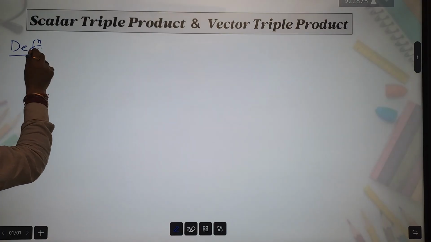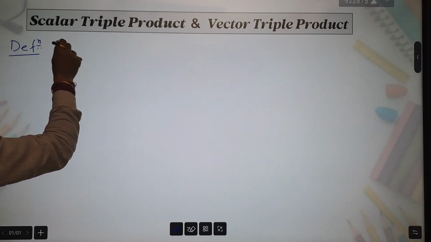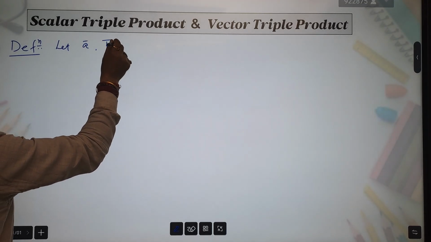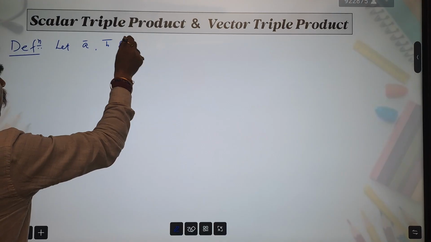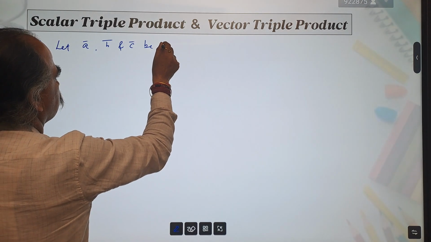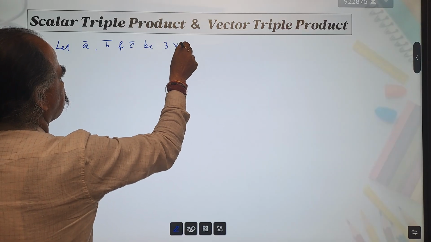Definition. Let A bar, B bar and C bar be three vectors.